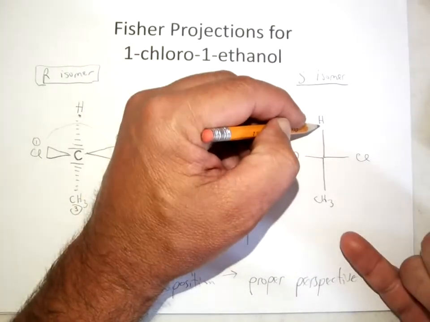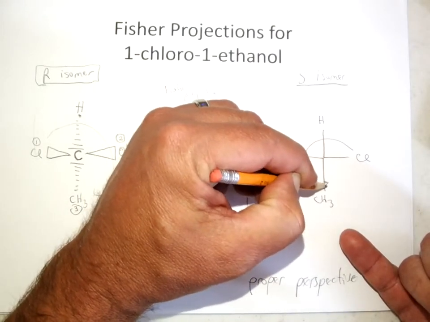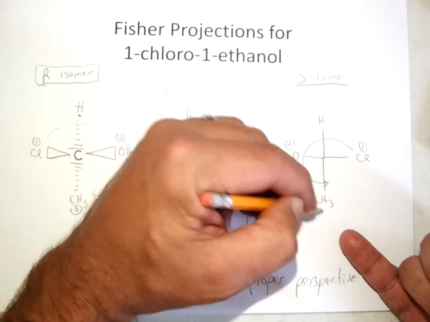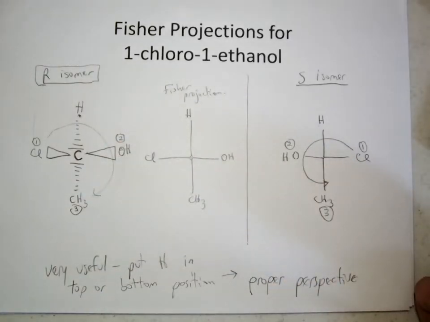So the hydrogen in back, proper perspective, chlorine, oxygen, carbon, counterclockwise, 1, 2, 3. That's the S isomer drawn in Fischer projection to show the correct chirality.